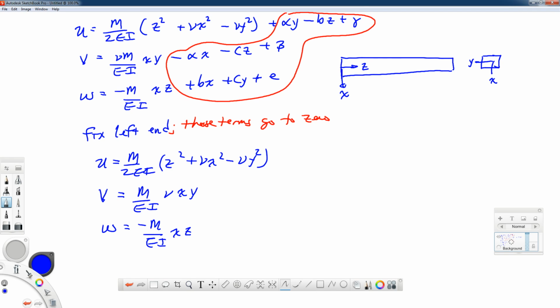Now we can talk about the plane formed by x equal to 0.